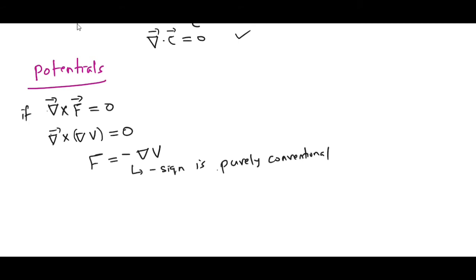Conventional in the sense, suppose this F can be electric field or magnetic field. If F is an electric field, then to calculate the electric field, usually we take the distance from the charge to that particular point. We are moving away from the charge. To calculate the electric potential, we will take the reverse.